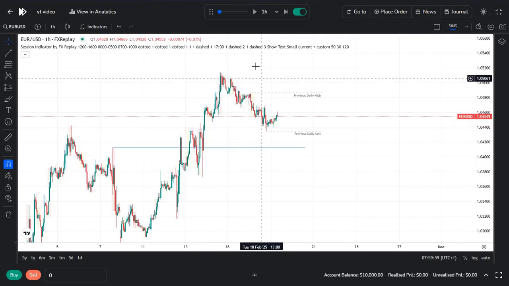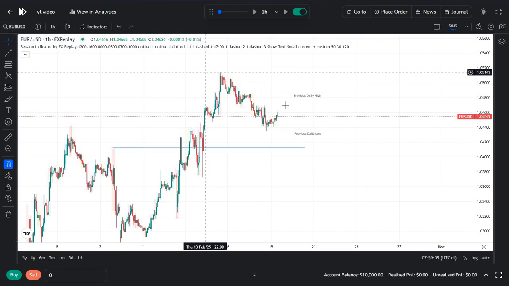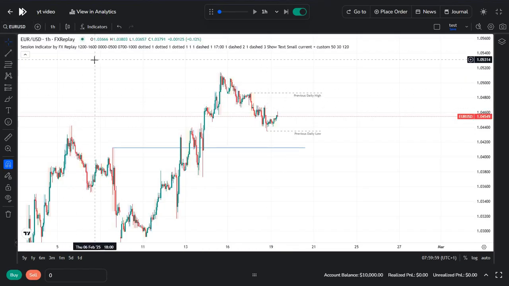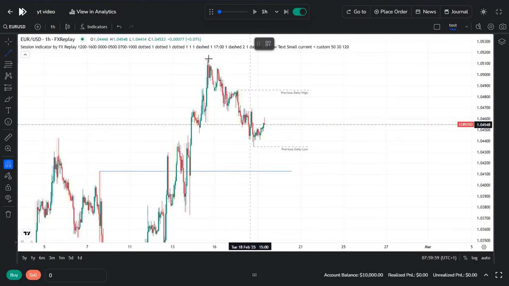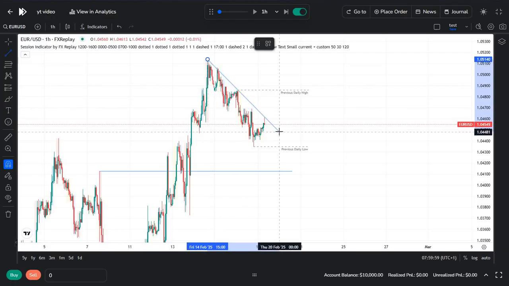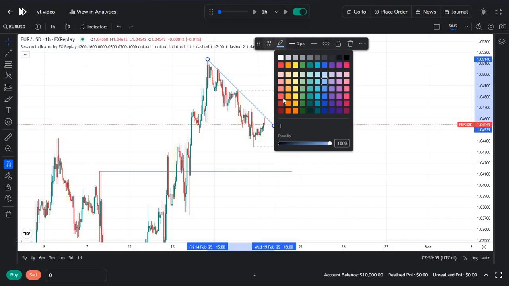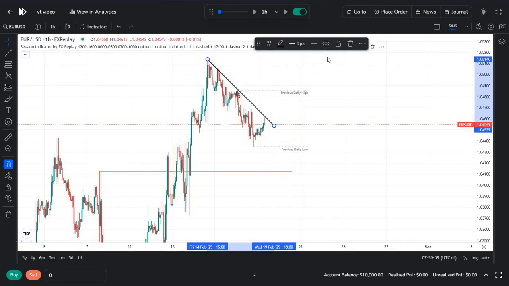So if the DXY goes higher, the euro will go lower, because this is euro against the dollar. If the dollar goes higher in value, the euro goes down. Okay? And here, same case, where we had the trend line on DXY below, in EU we have it higher, which is perfect. It matches our vision.